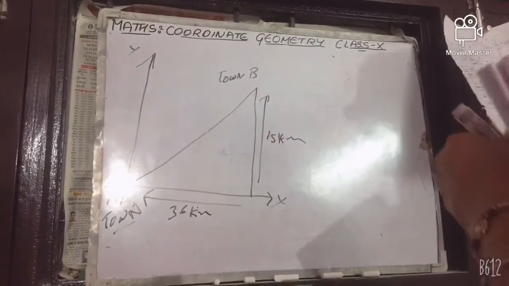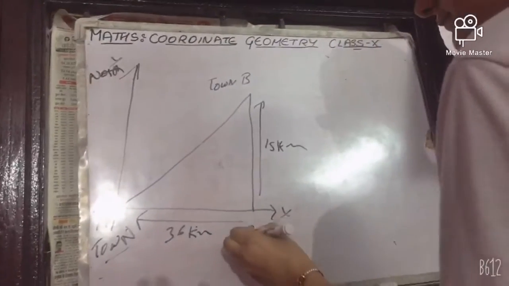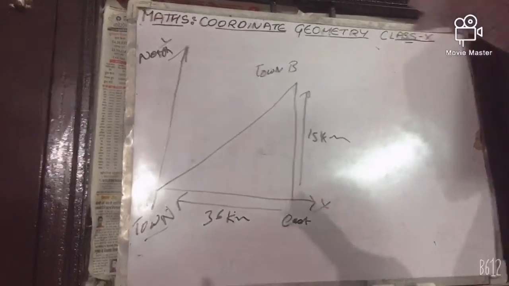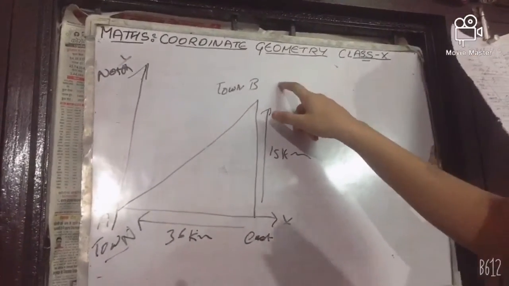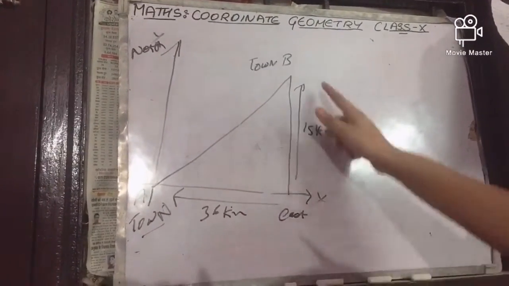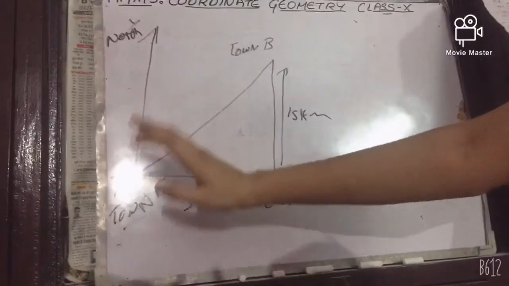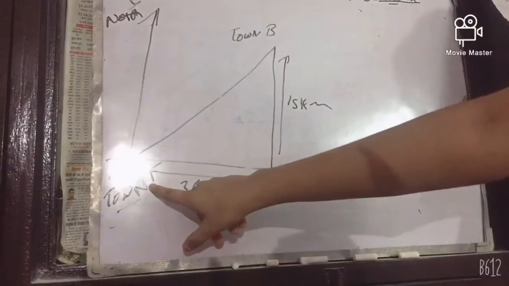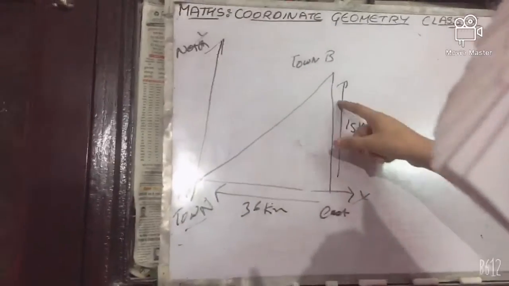Okay, so town B is located 36 kilometer east and 15 kilometer north of the town A. Okay, how would you find the distance from town A to town B without actually measuring it?